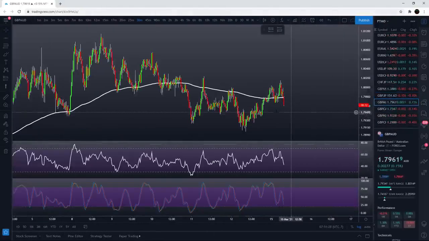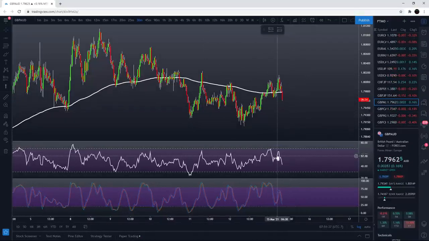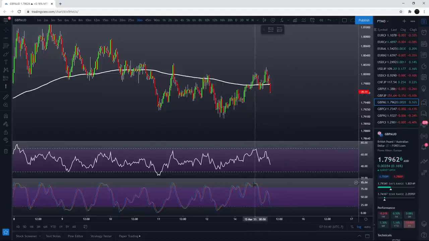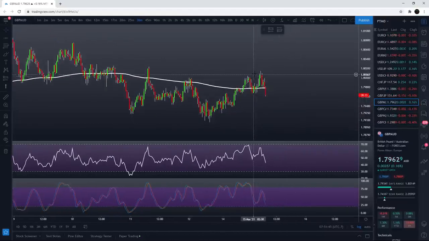This one actually got a pullback here, and we got hidden divergence as well for a short, but yeah, looks like we're late to the party, and it was above the 200 EMA as well. But yeah, this one did get hidden divergence for comparing it to this pullback right here.